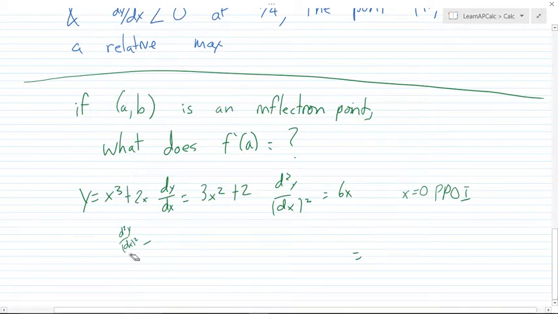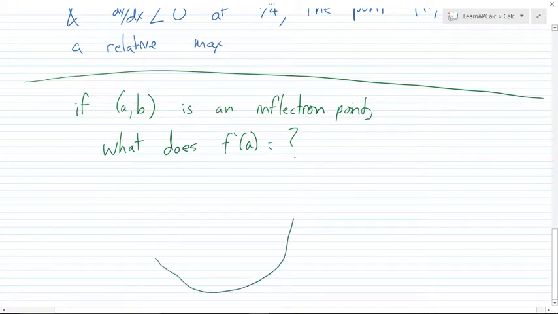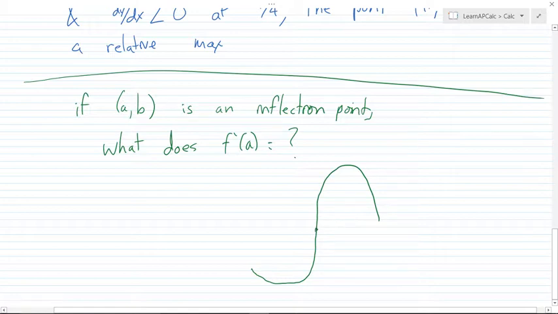Actually, a lot of times you'll see that at a point of inflection we have a slope that is undefined. Like, if this was our point of inflection and our tangent line is vertical, then dy/dx is undefined.